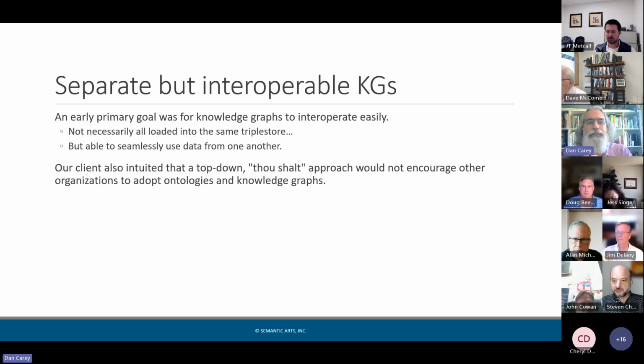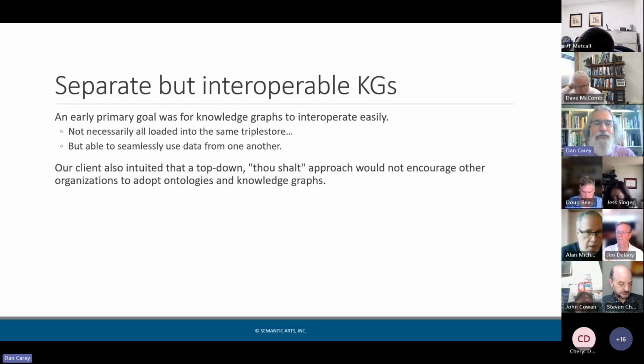And we also wanted to avoid a very top-down regimented approach, because again, our client, who's very sensitive to these sort of things, recognized that doing that would just discourage other organizations from wanting to do knowledge graphs and ontologies altogether. If you come in and say you have to do it this way, or else.